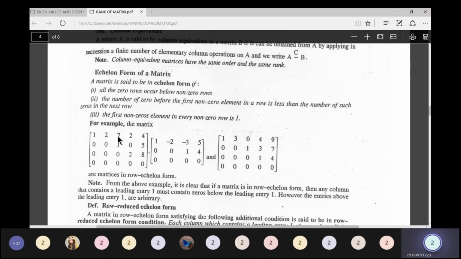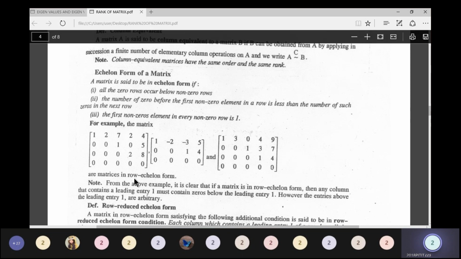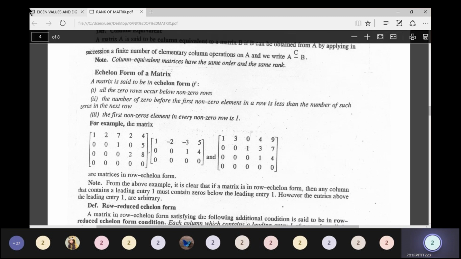See, for example, the given matrix. This is the given matrix, 1 2 7 2 4 0, like that. So this is already in the row echelon form. Example for row echelon form: this matrix has 4 rows and 5 columns. This one has 3 rows and 4 columns. Already it is in the echelon form.